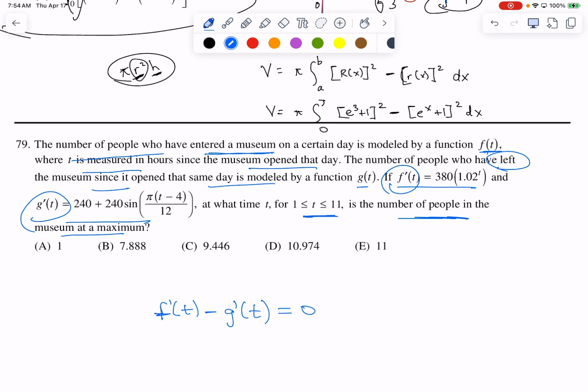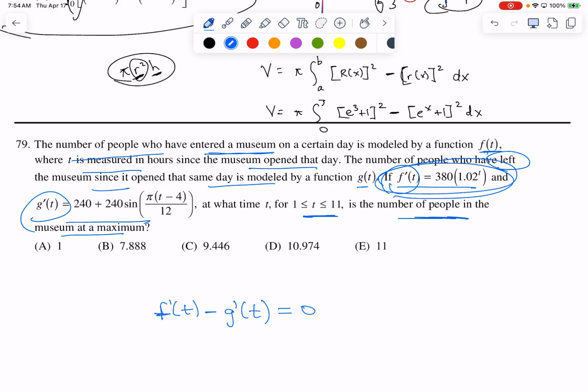All right, now you need your calculator. Here's what I would do personally. I'd put f prime of t into y1. Everybody put f prime of t into y1: 380 times 1.02 to the t power. So go to y equals and put f prime into y1.